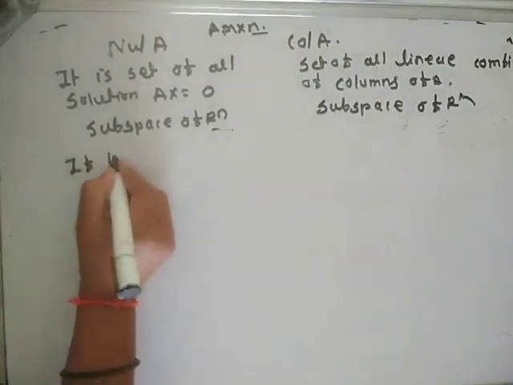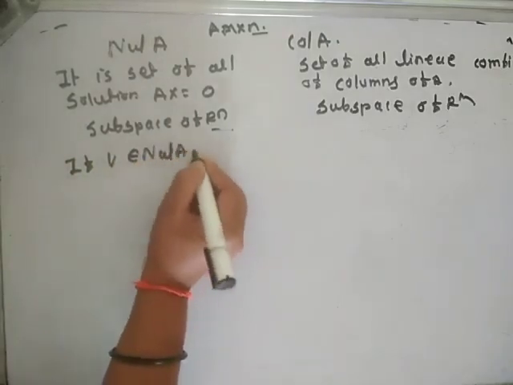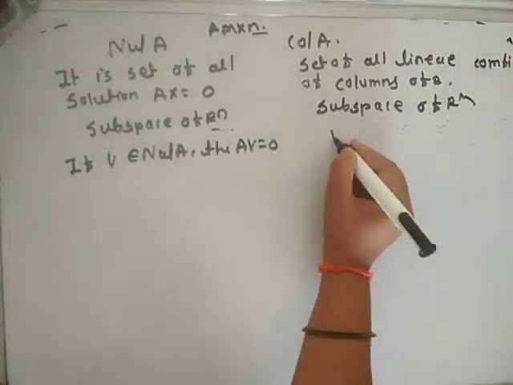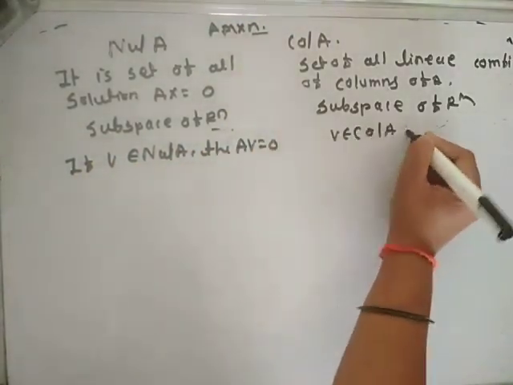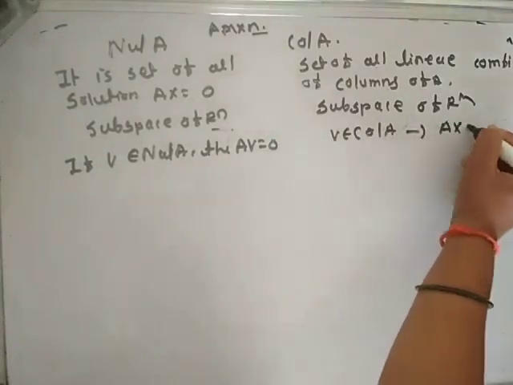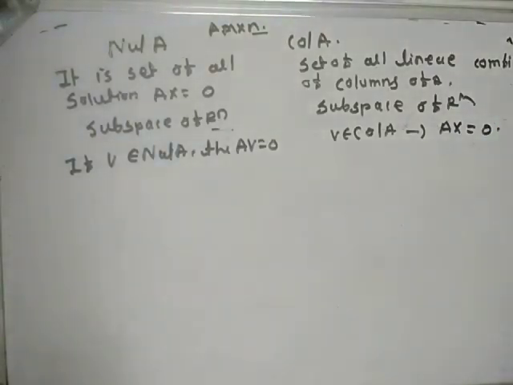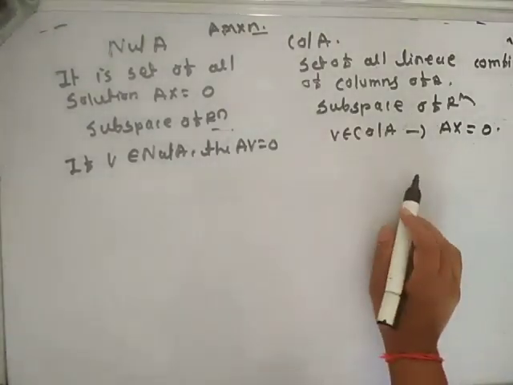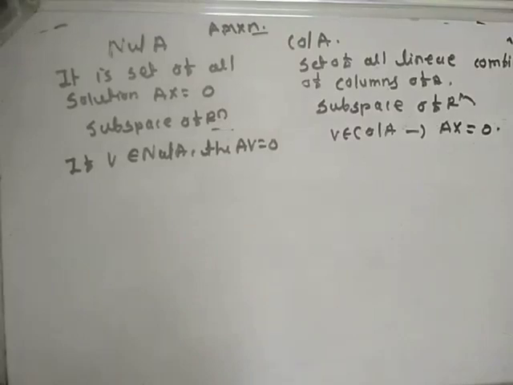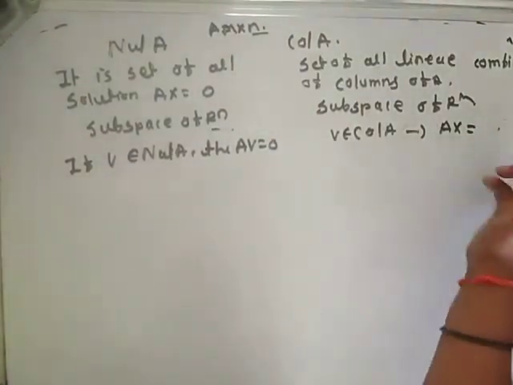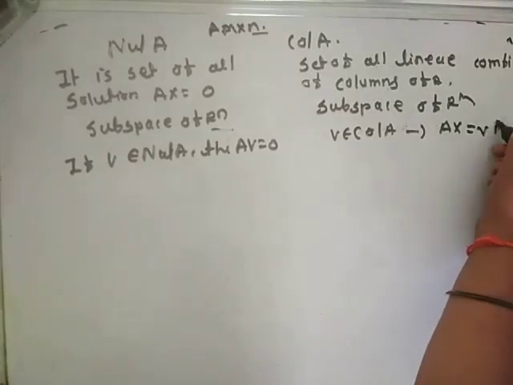If V belongs to null space of A, then A into V equals 0. If V belongs to column space of A, then the matrix equation AX equals V is consistent.